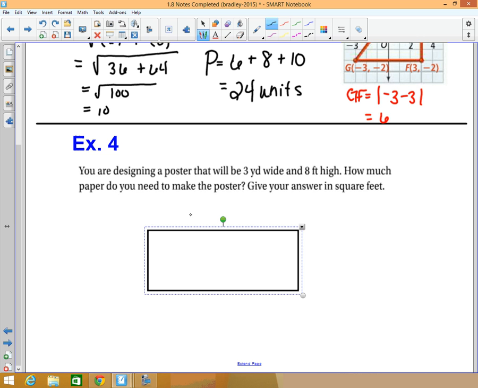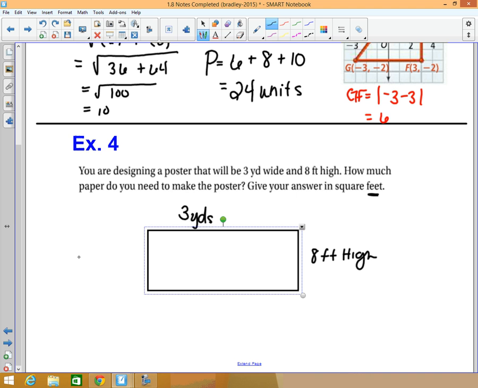It says it's 3 yards wide, and it's 8 feet high. Now I need to find out what the area is. It says how much paper will I need, but I can't do it with feet and yards.